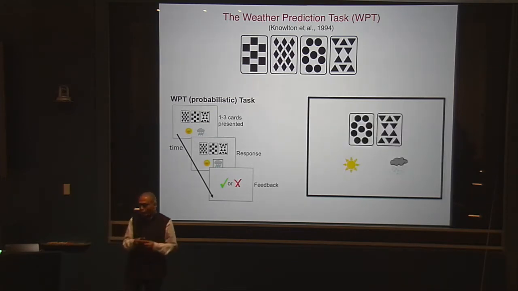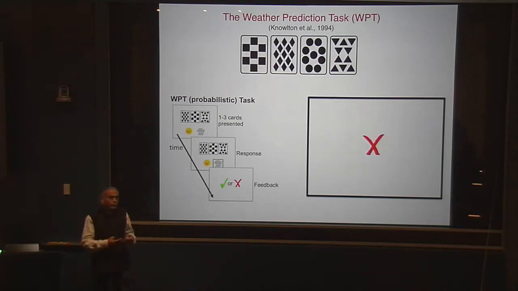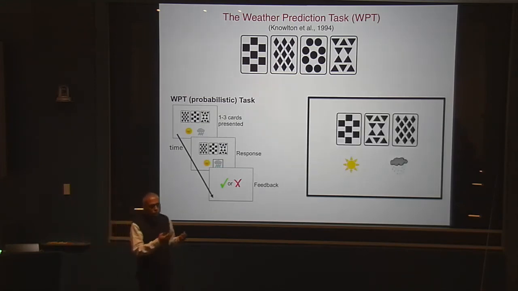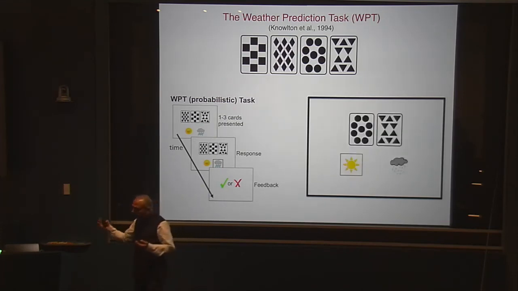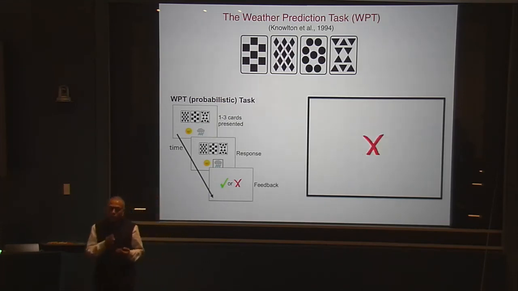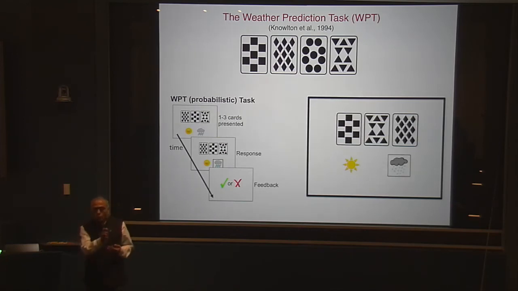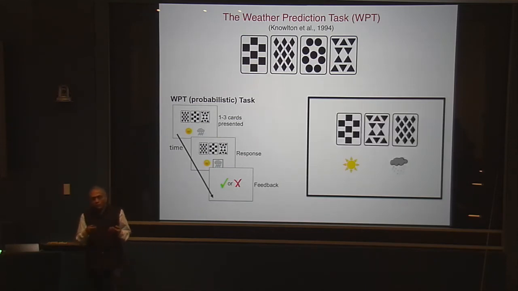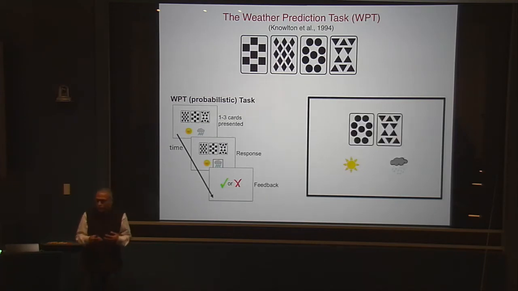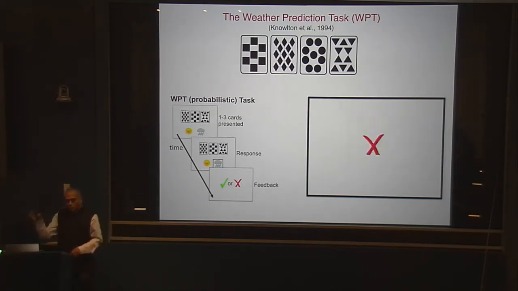And that's why the name weather prediction. So initially, of course, this doesn't make sense. Children are performing at chance. But as this goes on, because there are systematic relationships between the individual cards and how much they predict sunniness or raininess, eventually the participants come to internalize those linkages, and their performance gets to be above chance.